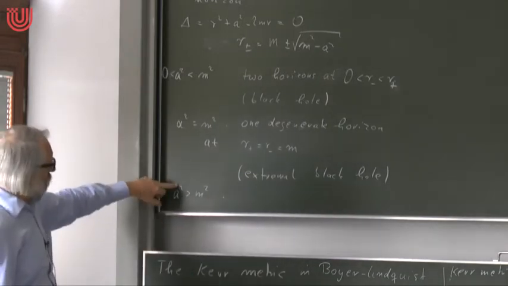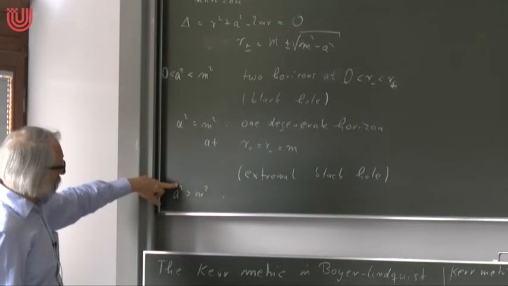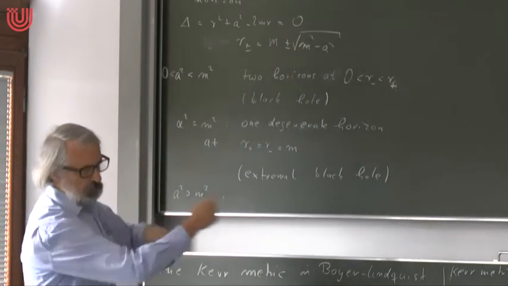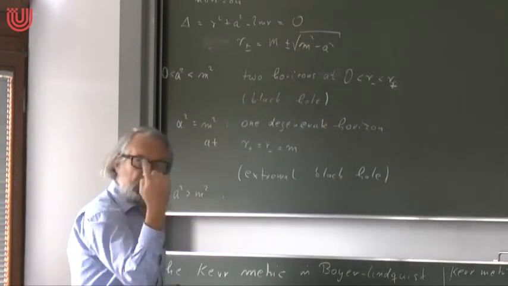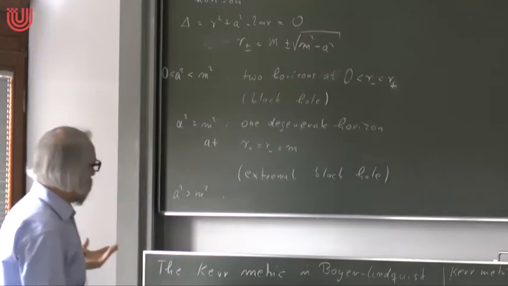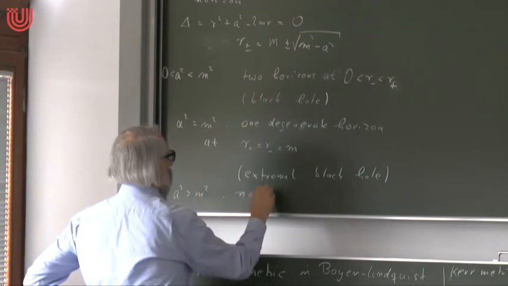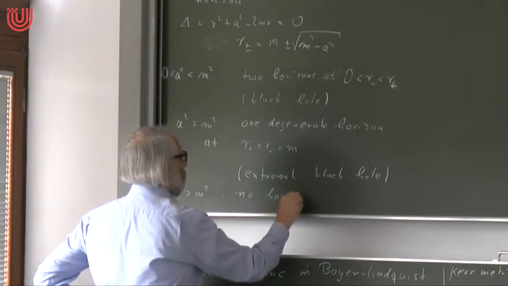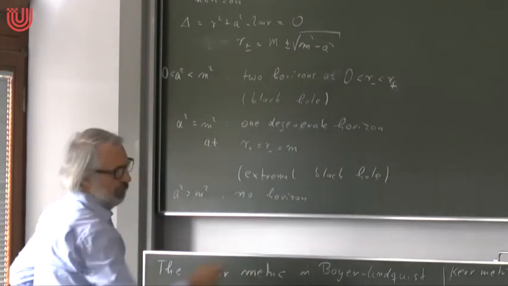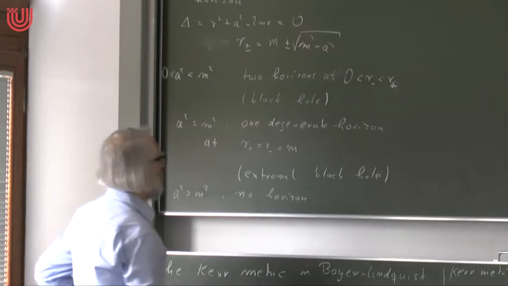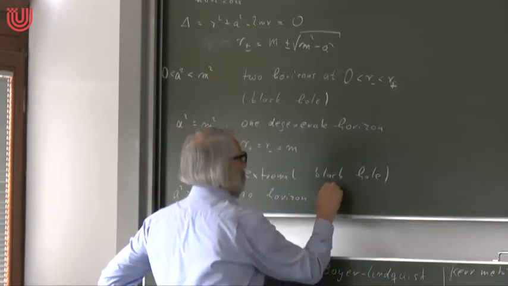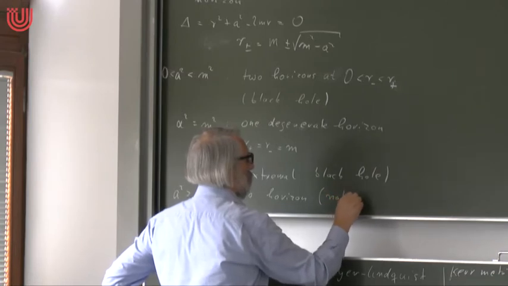That's the reason why I always write it in terms of the squares, because we want to have black holes which rotate in this way and also black holes which rotate in the other way. Then we have no horizon. But we still have the singularity, the ring singularity, and that's what one calls a naked singularity.